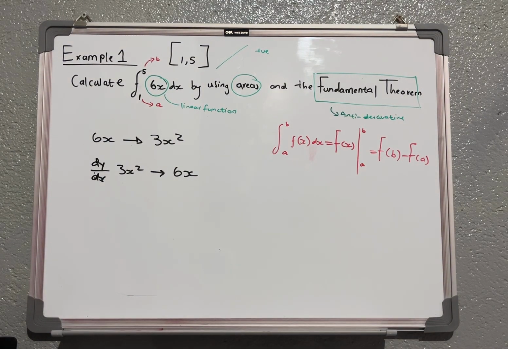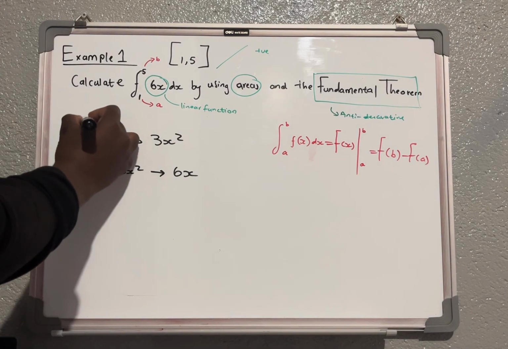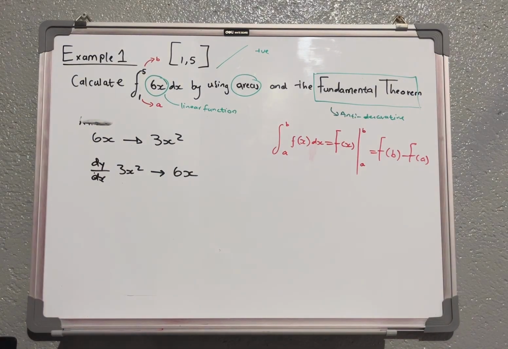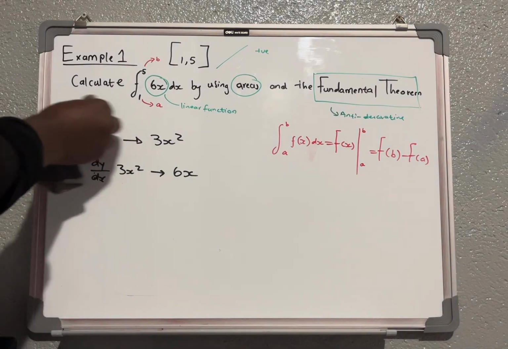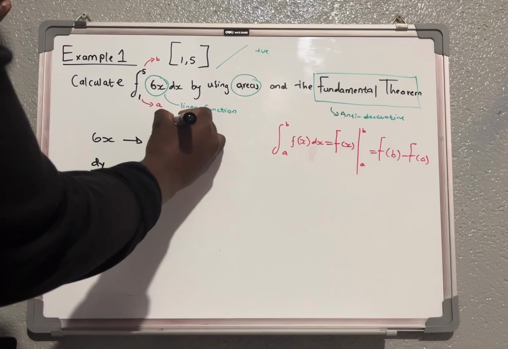But let's say you don't know how we go from here to the antiderivative. Remember, this one is your antiderivative. Oh yeah, I'm making a mistake. The antiderivative is definitely this one.